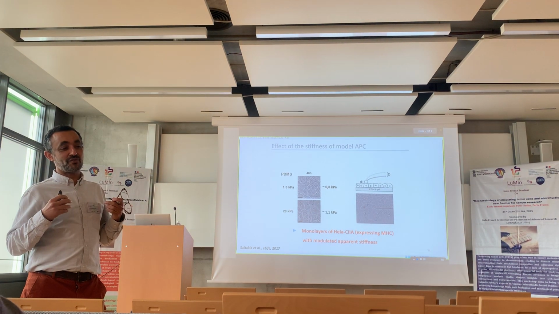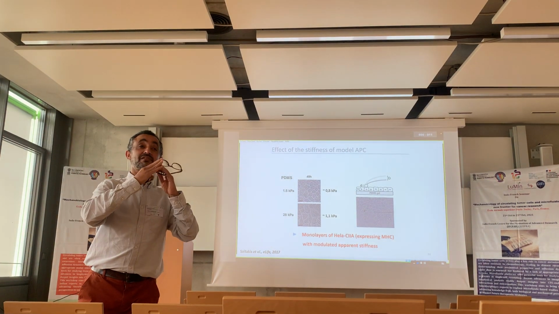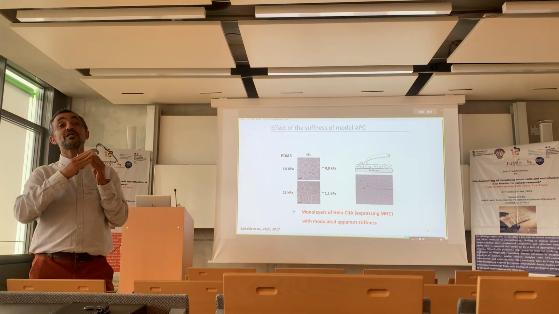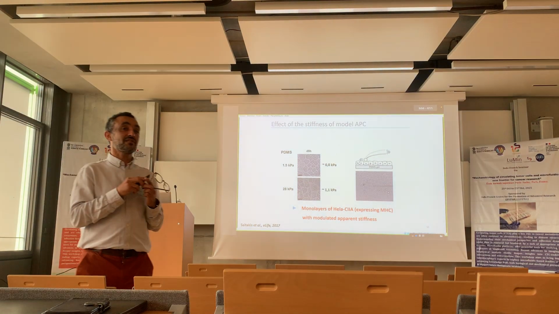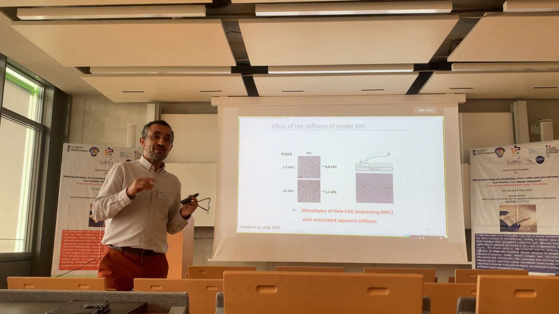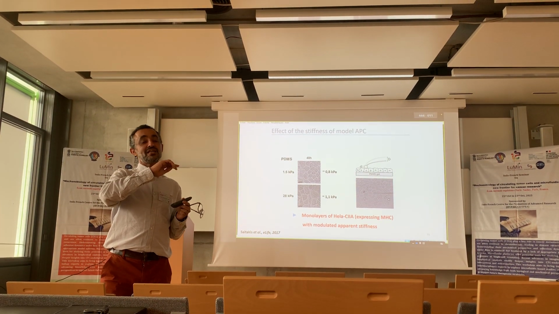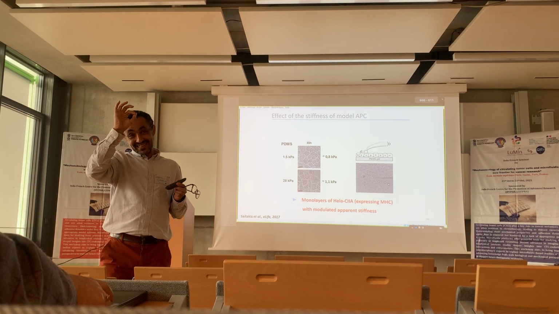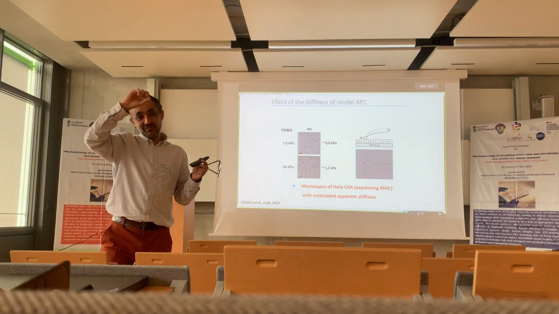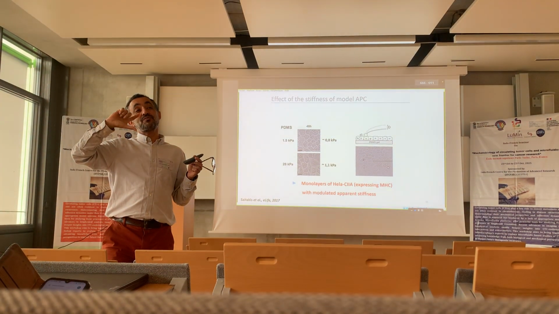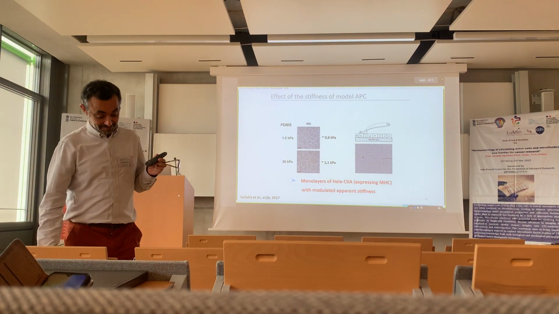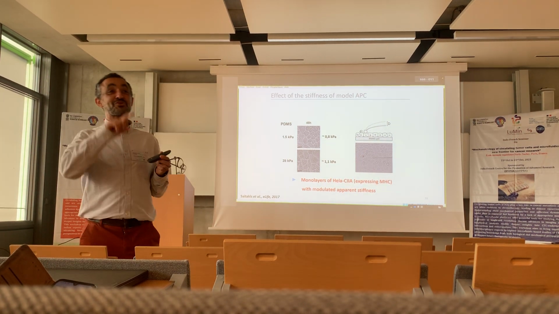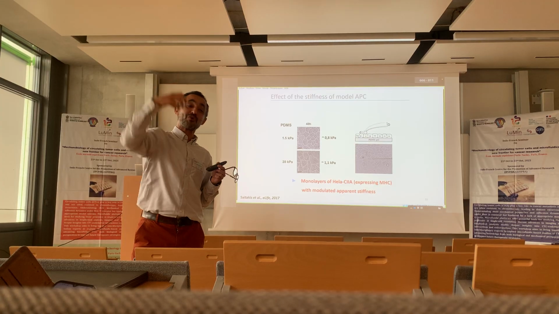Using this cantilever, as I told you, we can, for instance, change the apparent stiffness in real time and play with this. We claim we are able, and people agree with that, to measure the stiffness and apparent viscosity, and also the threshold to have this growth.